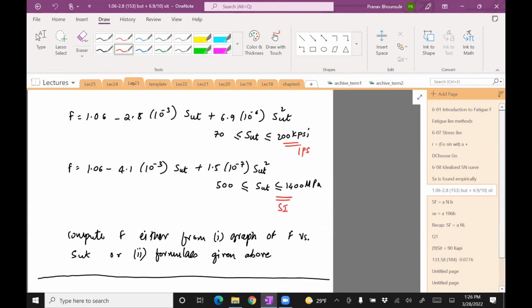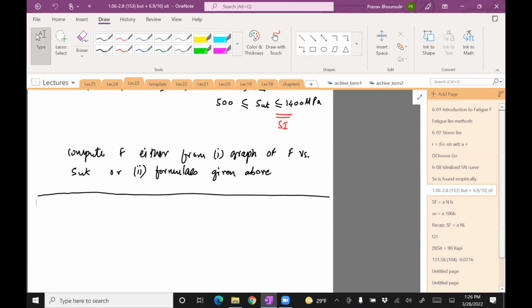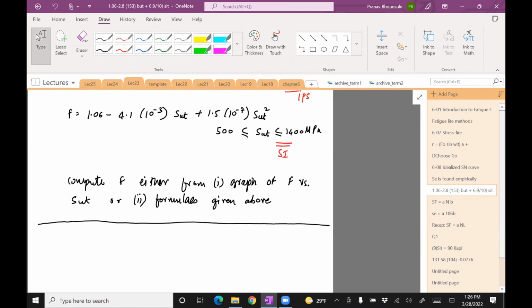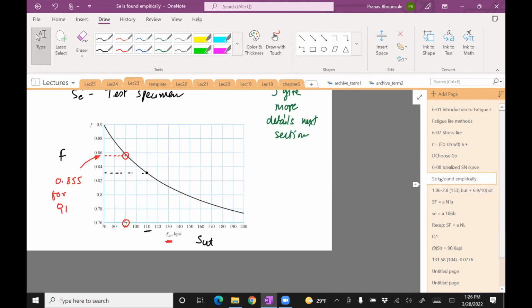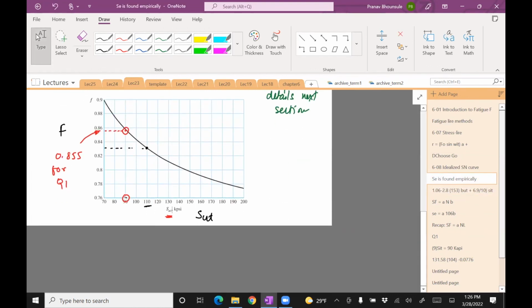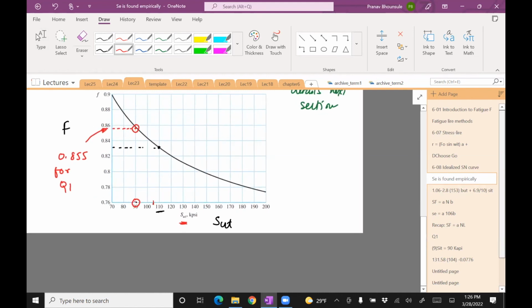If we go back to this. So it's 105, right? Somewhere here. So it's closer to 0.84. We can just assume 0.84, or if you like 0.839, 838. Just let's assume 0.84.